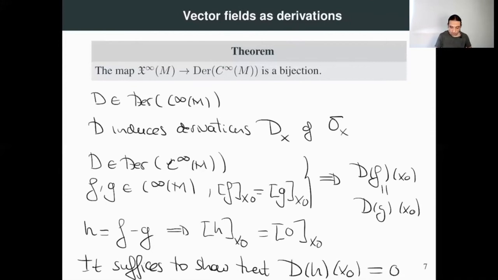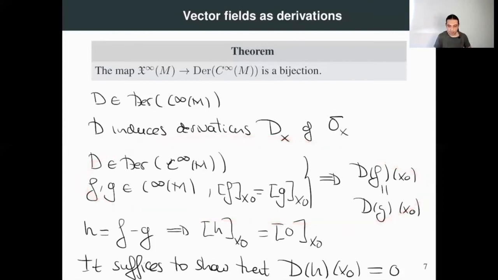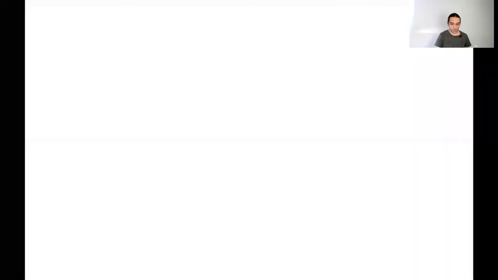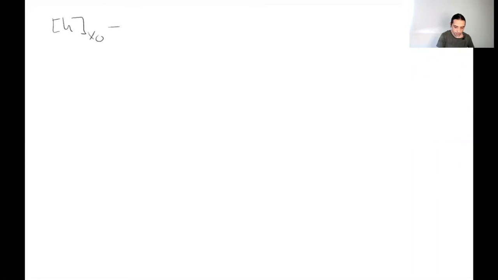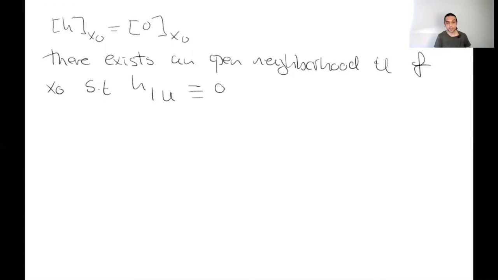If we prove that, then we get this property, which is going to be very interesting for us. So we have that the germ of h at x0 is equal to the germ of the zero function, and that implies that there exists an open neighborhood U of x0 such that the restriction of h to U is equal to the zero function.